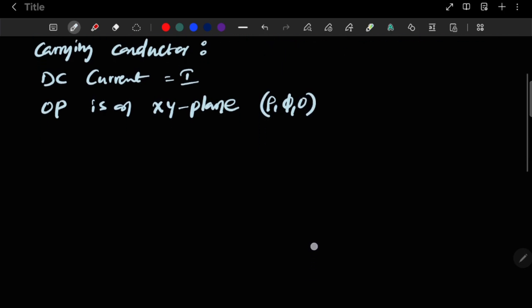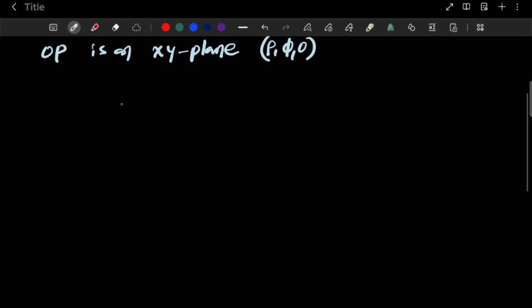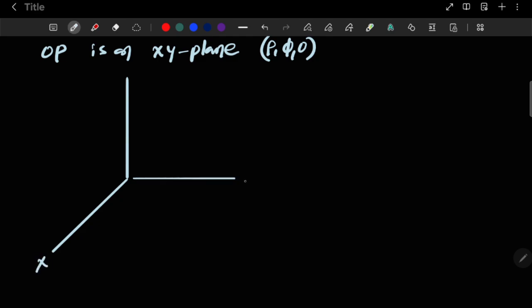Okay, so we will take the x-axis, y-axis, and z-axis, and I will take the conductor like this, in which current I is passing.